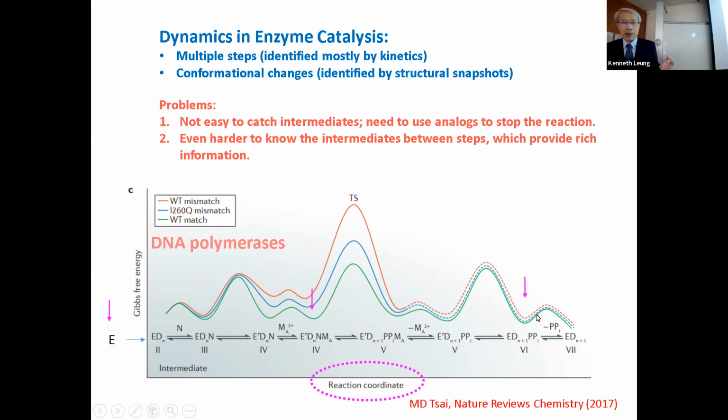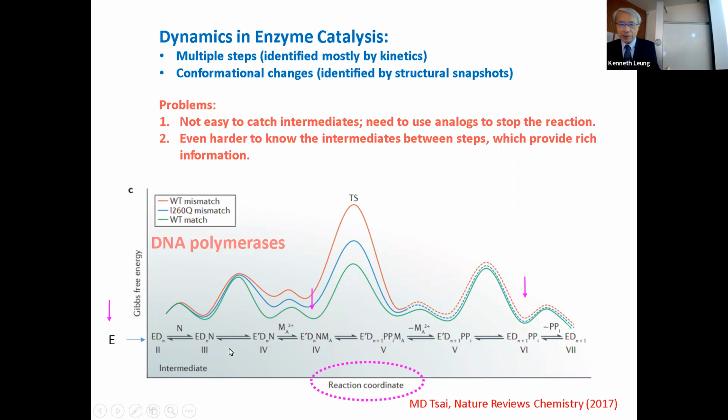So actually, in the field of DNA polymerase, there are thousands of structures already solved and reported. If we go to the Protein Data Bank, there are thousands of structures from different DNA polymerases, from different species.